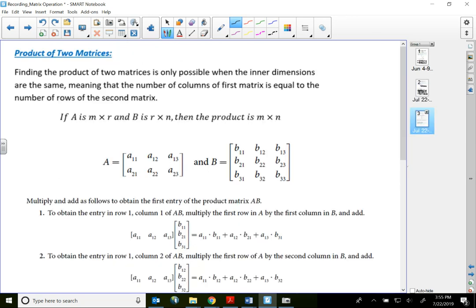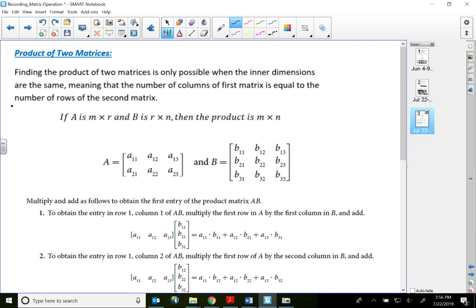All right, multiplication. Multiplication is a little bit tricky, okay? Finding the product of two matrices is only possible, first of all, when the inner dimensions are the same, meaning that the number of columns of the first matrix is equal to the number of rows of the second matrix.